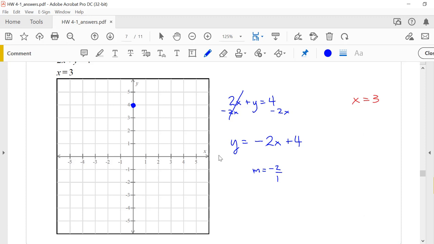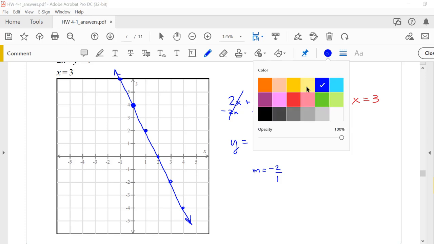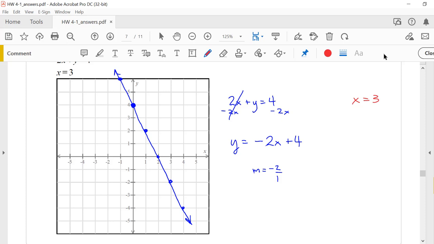So negative 2 over 1. I can go up 2 and left 1, or I can go down 2 and right 1. Okay, there's my line. Now for my red equation, x equals 3, x is always 3.